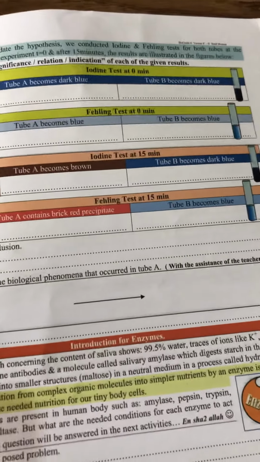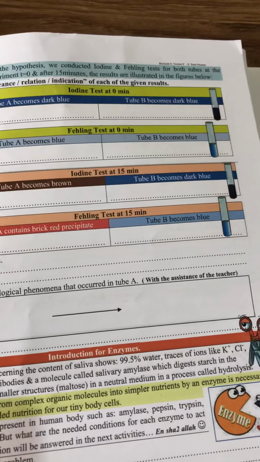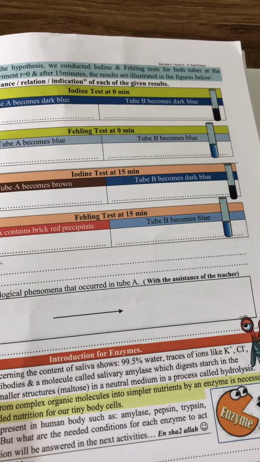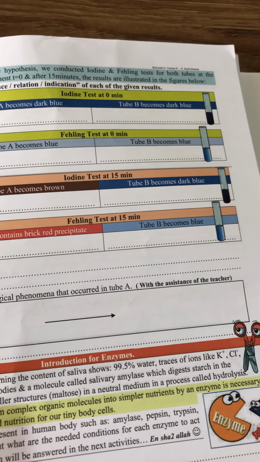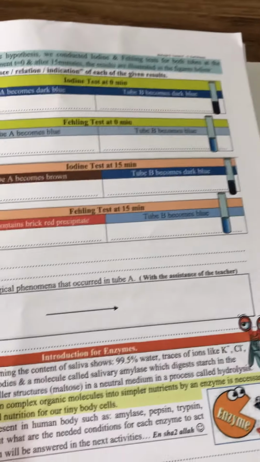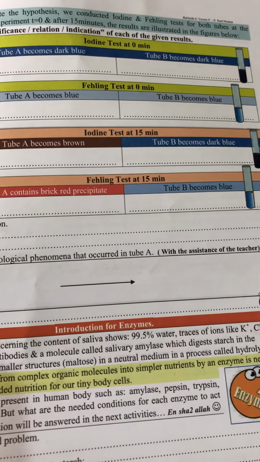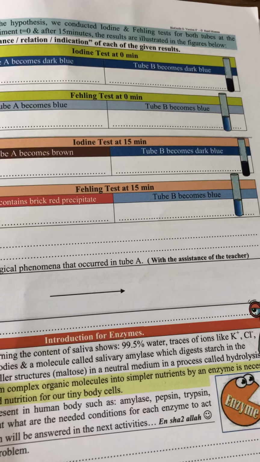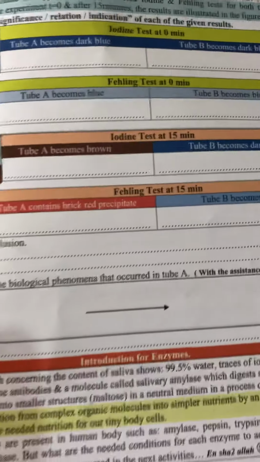However, in the absence of saliva there was no brick red precipitate, indicating the absence of sugar. Thus the saliva transforms the carbohydrates into reducing sugar.